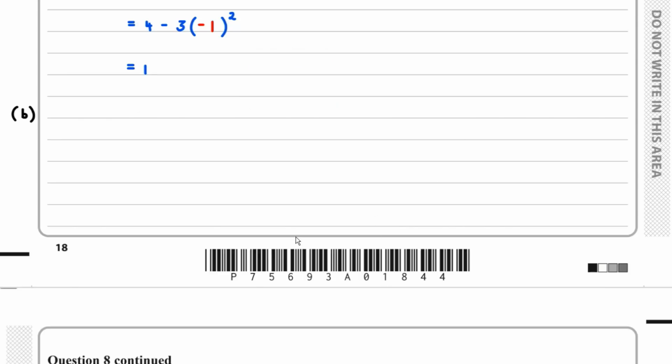So, for part B, we have y equals 5 over 2x subtract 9. Now our goal is to rearrange for x. So if I multiply through by 2x subtract 9, we have y multiplied by 2x subtract 9 equals 5. And if I expand and then gather everything that contains an x on one side and everything that doesn't contain an x on the other side, we would have 2xy equals 9y plus 5.